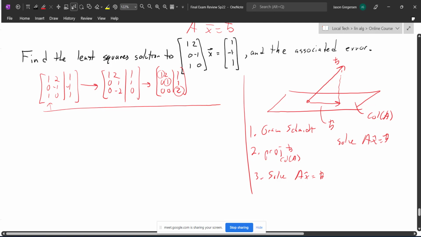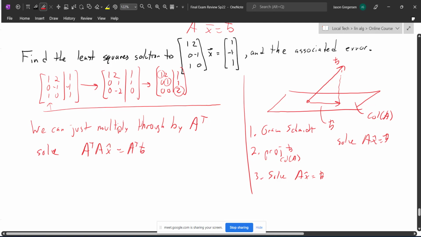However, if we're working with a nice matrix equation and nice vector spaces, we can shortcut that and do a different calculation instead. Instead, we can just multiply through by A transpose and solve A transpose A times x equals A transpose b instead.